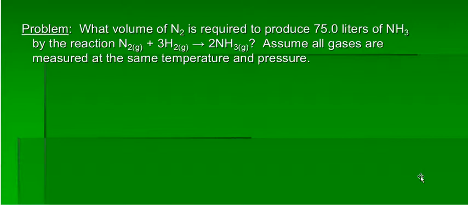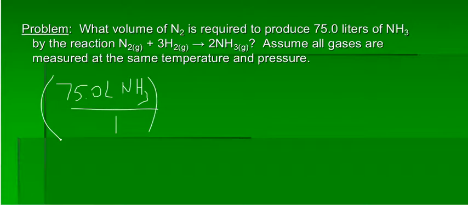Okay, so let's do a problem with Avogadro's law here. We want to produce 75 liters of NH3, and I want to know how much nitrogen would be required. These are all gases. Since they're all gases, we can use those coefficients, 1, 3, 2, to represent not a mole-to-mole ratio, but a liter-to-liter ratio.